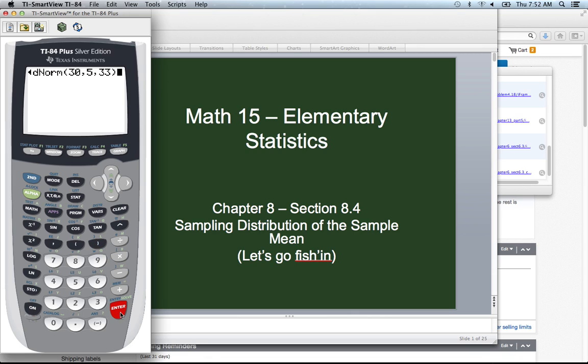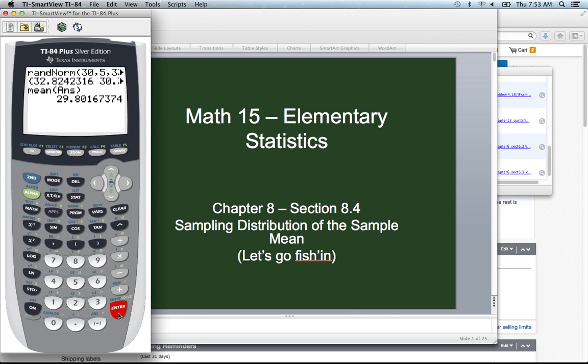So right now, what I've just done is collected a sample from a mathematical distribution, a normal distribution with a mean of 30 and a standard deviation of 5. So I have 33 data values in this set. And what I'm interested in is the mean. All I'm focused on right now is the sample mean, so I'll take the sample mean of this answer. And what I end up with is another mean that came from this assumed population.